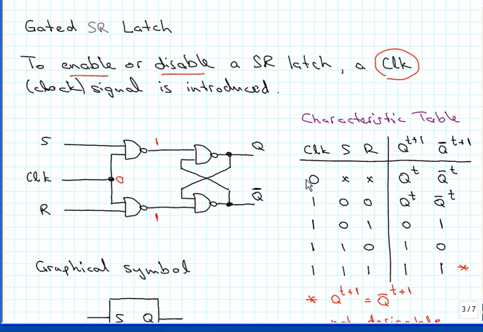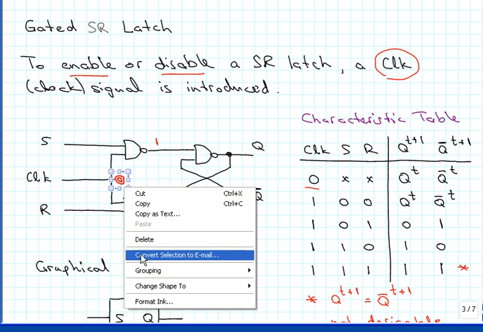So that's indicated here with Q(t+1) becoming Q(t), and Q naught (t+1) becoming Q naught (t). So we just did not change anything. The same thing happens if we actually make the clock equal to 1.